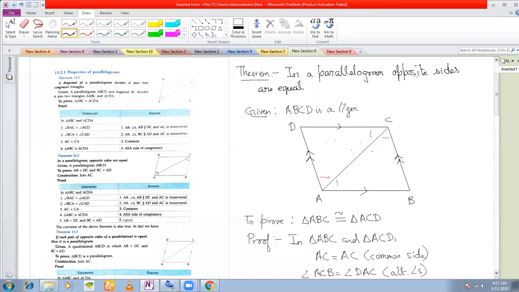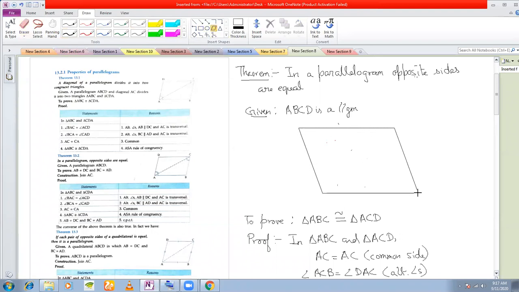You draw the parallelogram. Let us redraw the parallelogram without the diagonal, maybe a fresh diagram, and call this ABCD. These two are parallel.